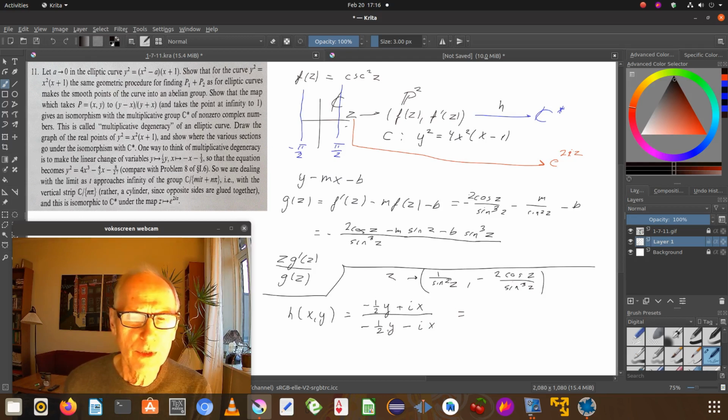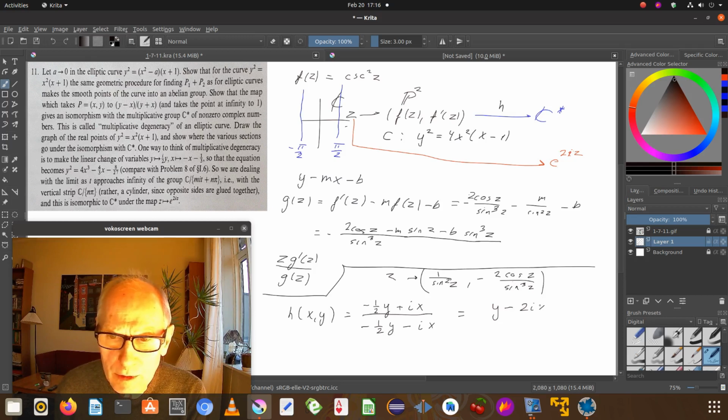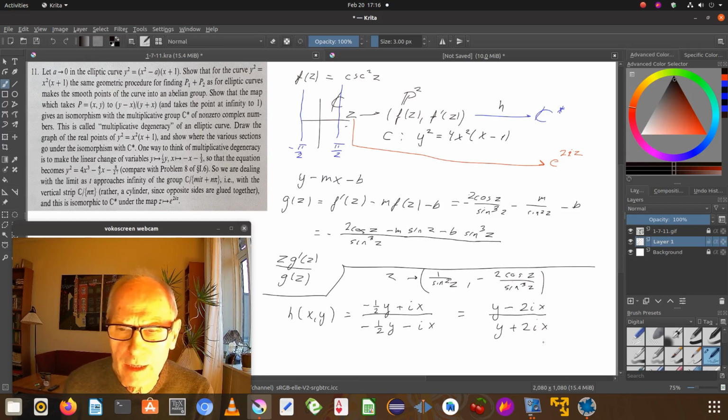And what do I do here? I multiply both the denominator and numerator with -2. And then we just use Maple to check that it's right.